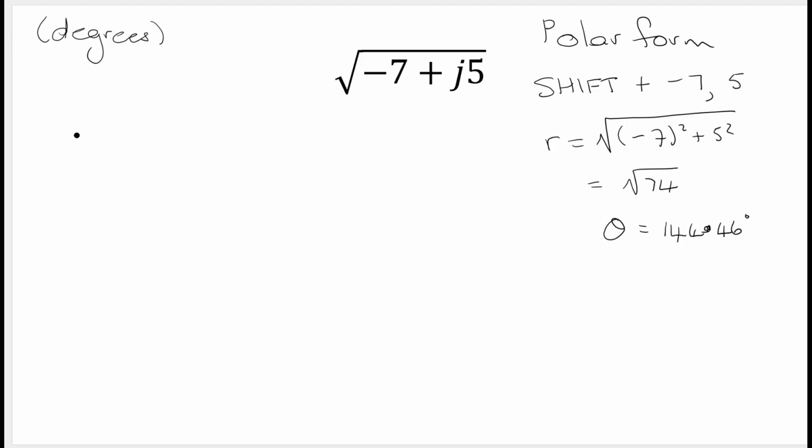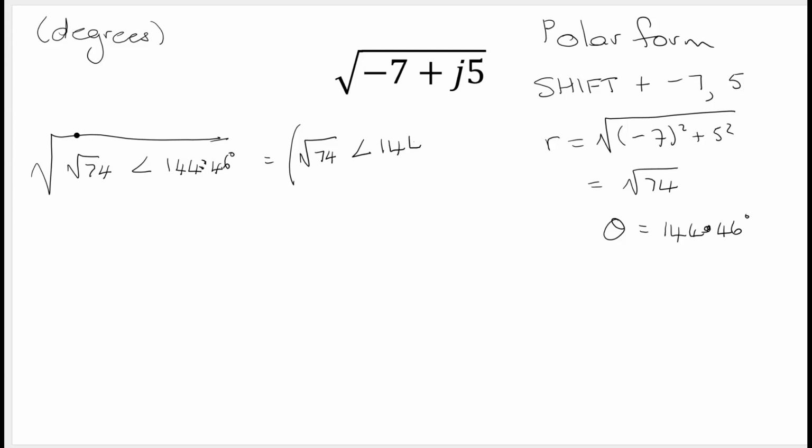But we want to take it to the square root. We want to take it to the power of a half. So let's continue. We've now written it as root 74 angle 144.46, and we can rewrite that as that to the power of a half.